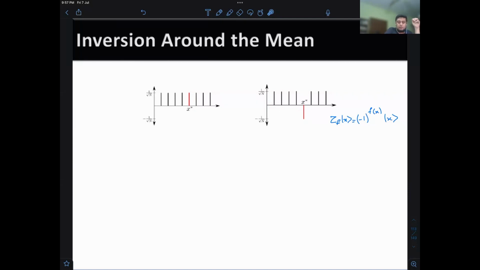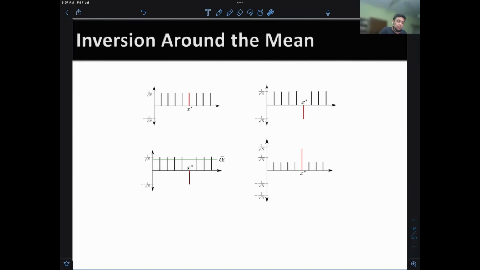So it will go from plus 1 over square root of n to minus 1 over square root of n. And then we apply the inversion around the mean operator. Previously the mean was exactly 1 over square root of n. Now, because it's a large database, one entry has just flipped its sign, so the average will be slightly lower than before. But let's assume the average is 1 over square root of n. It's a small enough error.